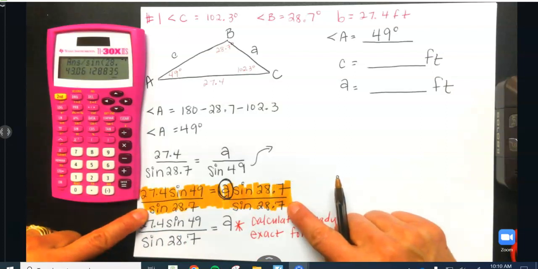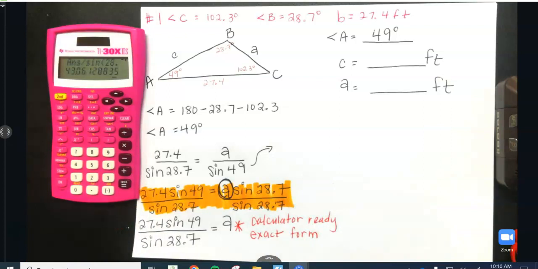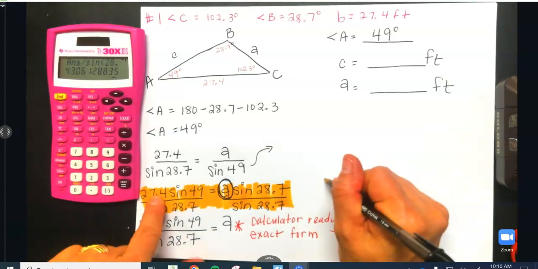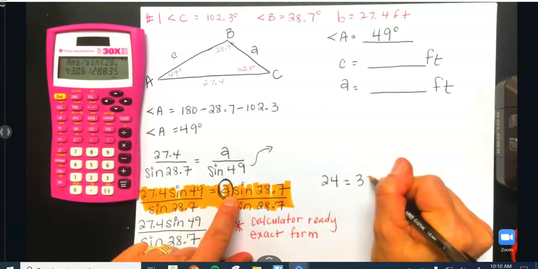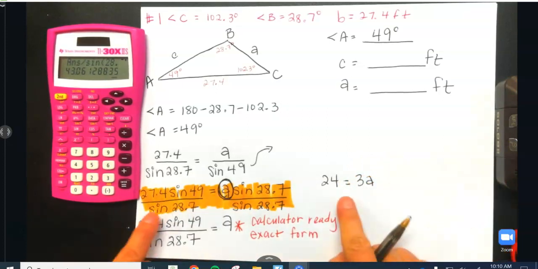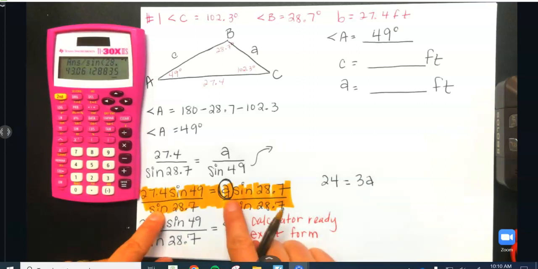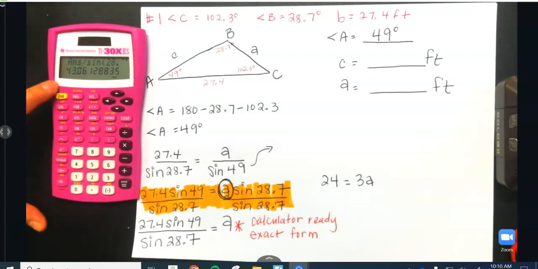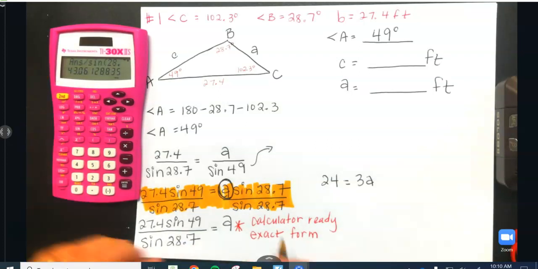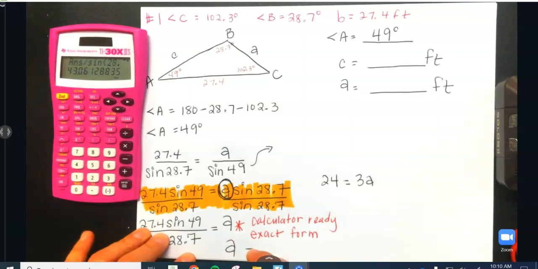So I divided both sides by what was next to it. All good? Just like if this side was like 24 and this side over here was like 3a, I divided both sides by what was stuck next to that.